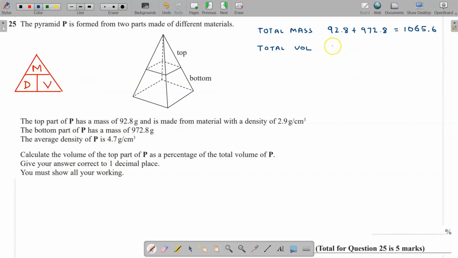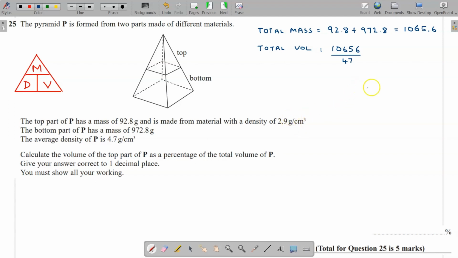So it's 1065.6, but I'm not going to put the point in, because underneath, instead of dividing by 4.7, I can just divide by 47, and that will be the same answer. So it saves me having decimal points in my fraction, that's all. So that's the total volume of the large pyramid. Now I want the volume of just the top part.